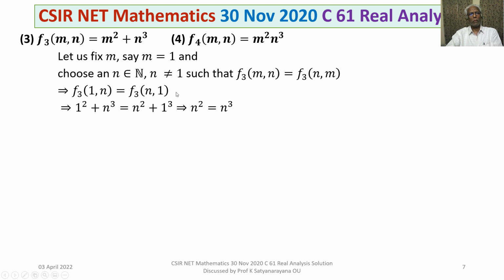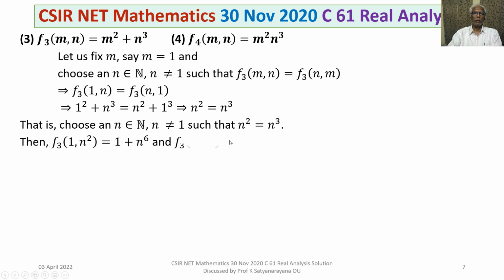Cancelling 1 square and 1 cube on both sides, we get n square is equal to n cube. That is, choose an n in N, n not equal to 1, such that n square is equal to n cube. There are several such n.